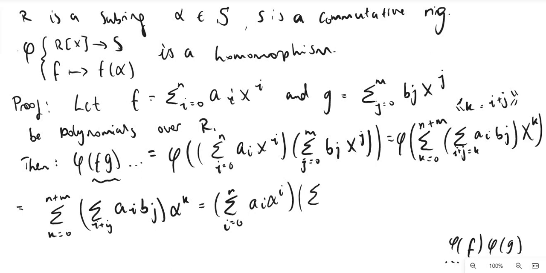Again, this is allowed because this follows the property of our function. Now, if we're particularly sharp in the eye, we can see that this is our function f and this is our function g.